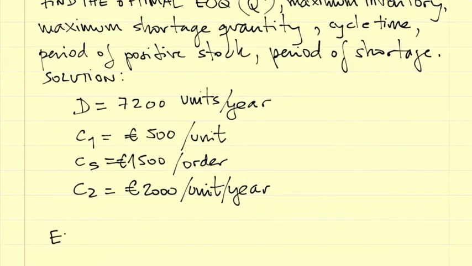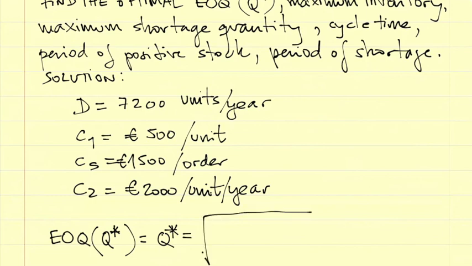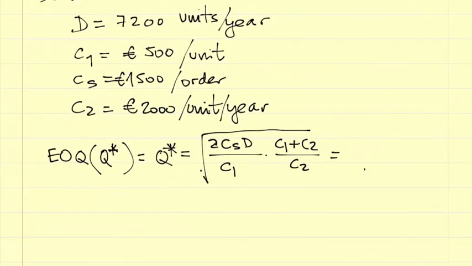So the EOQ, Q star, equals square root of 2 times CSD divided by C1 times C1 plus C2 divided by C2. Remember, in the exam, if I ask this, you need to be deriving the whole information. So you have D, you have CS, you have C1, you have C2, and it turns out to be 233 units.